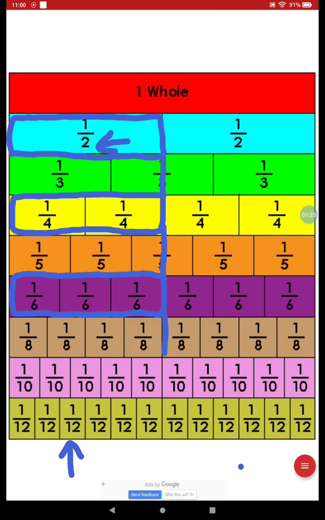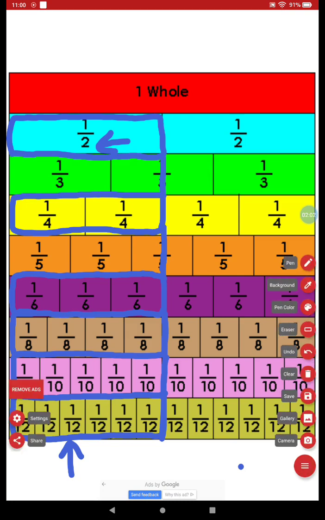Can 8th? Yes. How many 8ths? 4/8 equal 1/2. Can 10ths? Yes. How many 10ths? 5/10 equal 1/2. Can 12ths? Yes. How many 12ths? 6/12 equal 1/2.